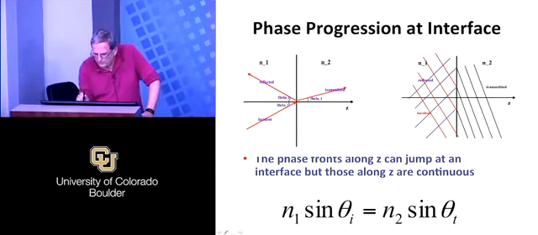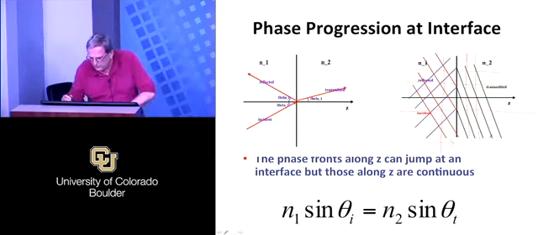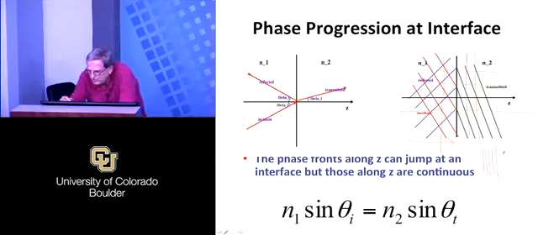We could break this problem up into the x problem and the z problem. So we've got phase fronts coming along z. Well, those phase fronts coming along z, they don't have to be the same on both sides of the z-axis.